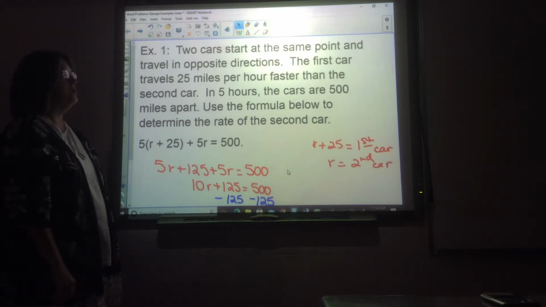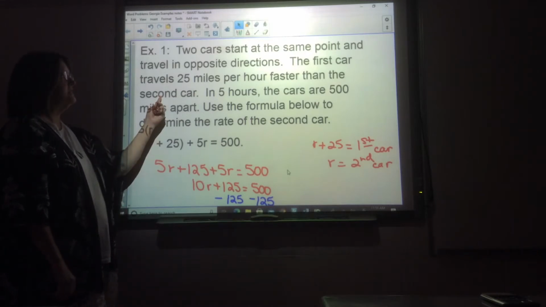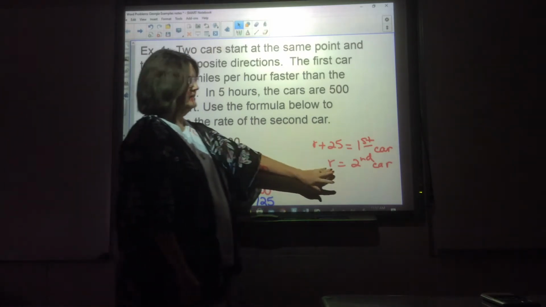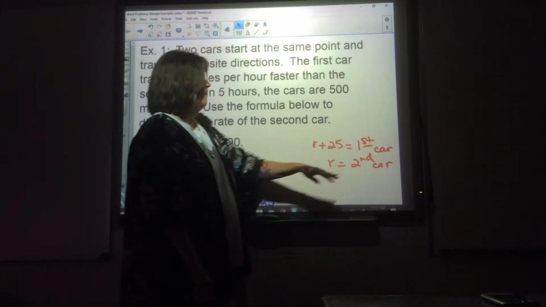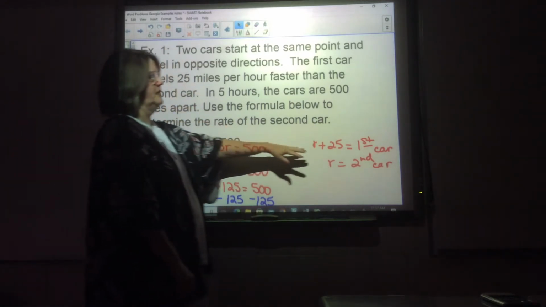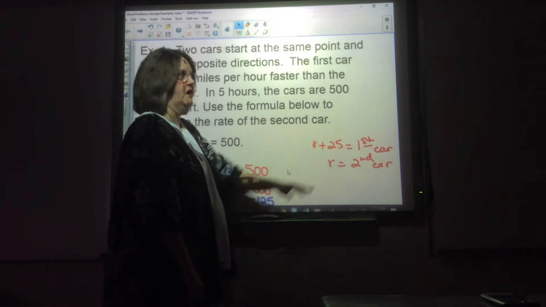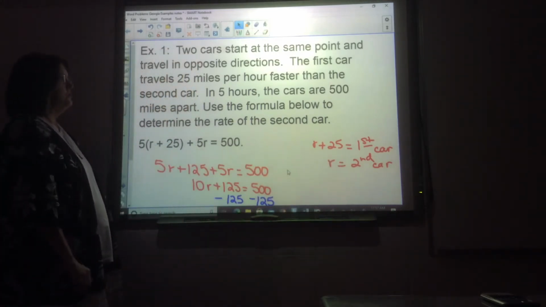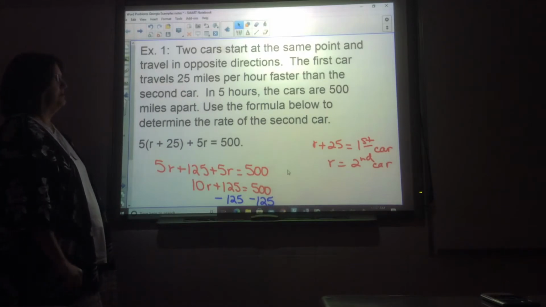They give you information on the first car using the second car, but they don't tell you anything about the speed of the second car. So the second car has a speed of r. The first car is 25 miles per hour faster, so that's r plus 25. In 5 hours, the cars are 500 miles apart.